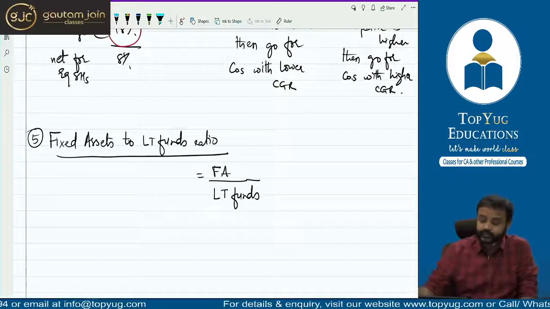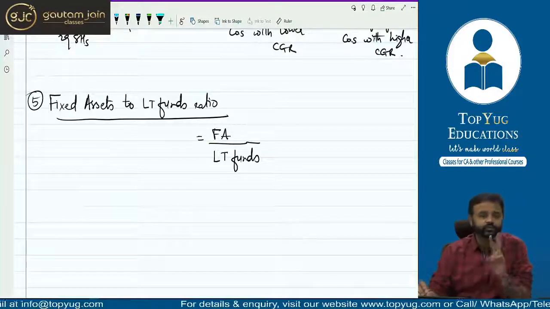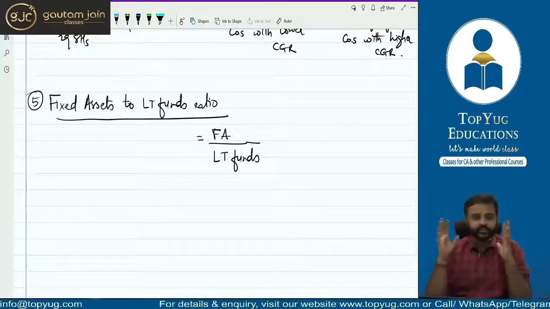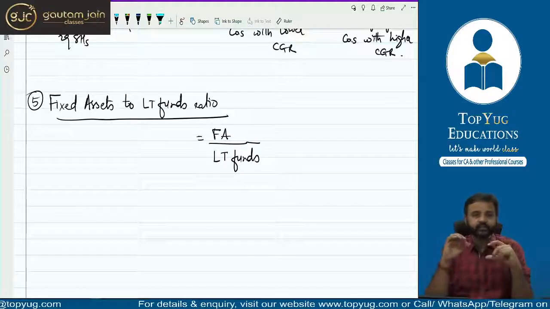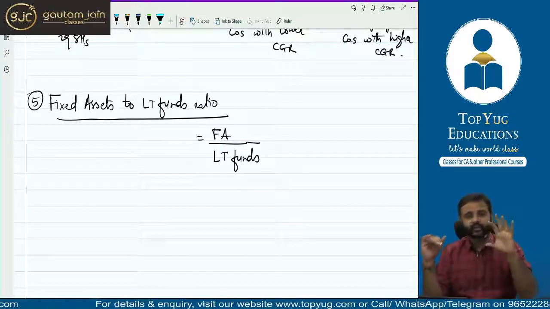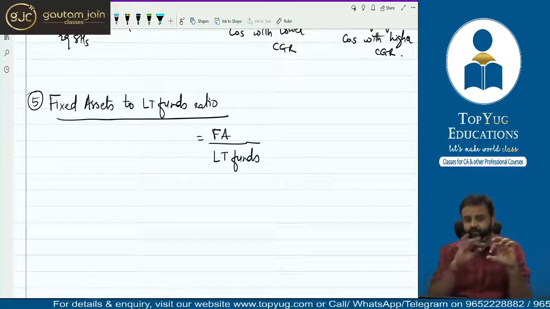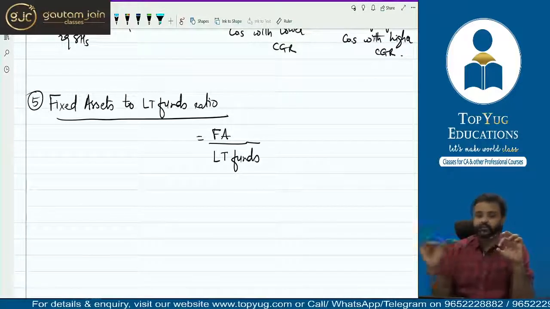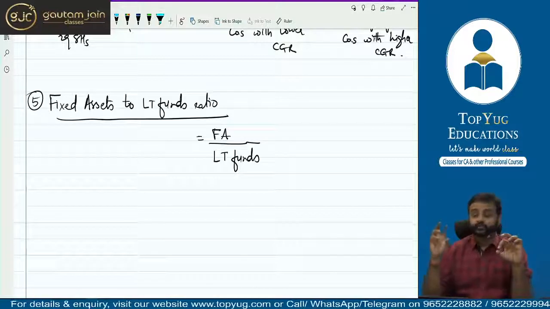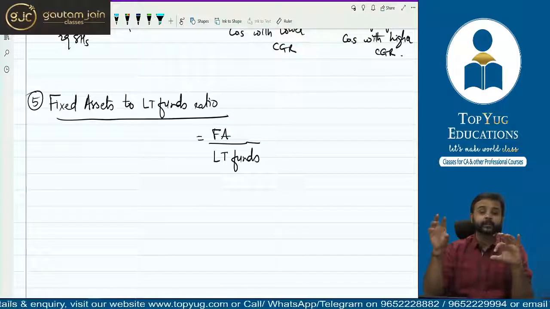So what I'm saying is the long-term funds have been used for two things. I've told you earlier also. Balance sheet, imagine balance sheet, equity, debt, fixed assets, working capital. So this debt and equity is long-term funds. These long-term funds will be utilized for what? Fixed assets, or will be utilized for what? Working capital.